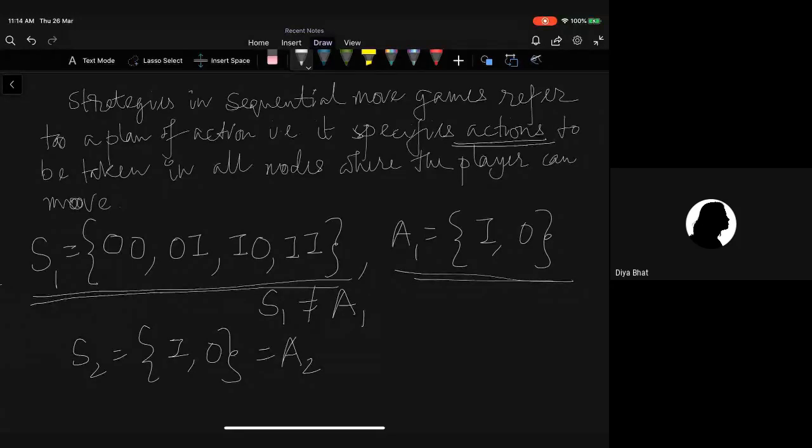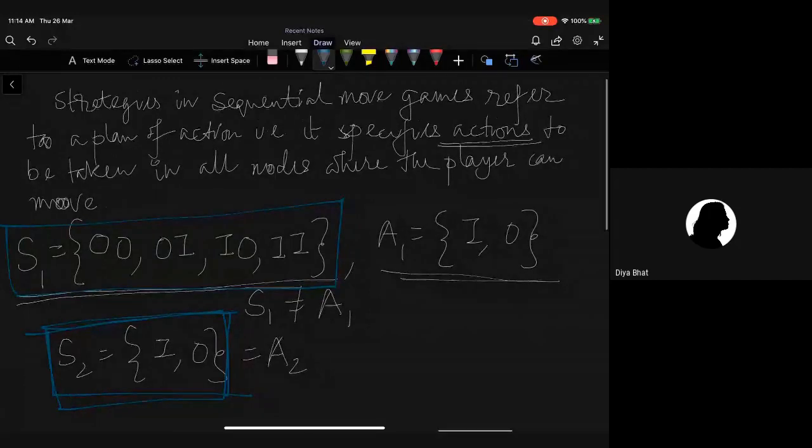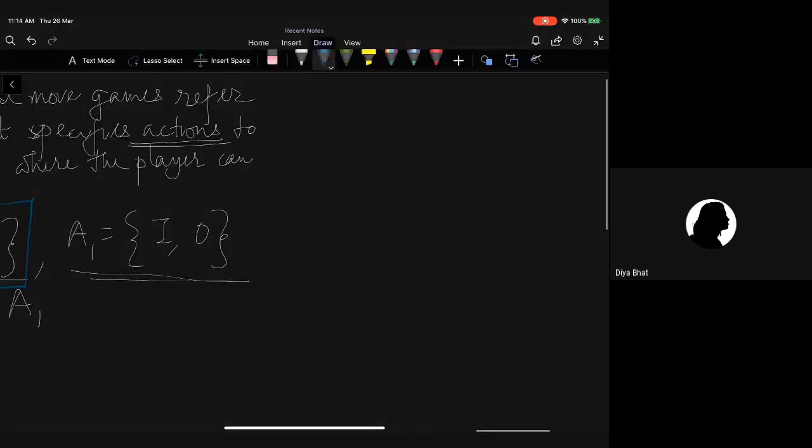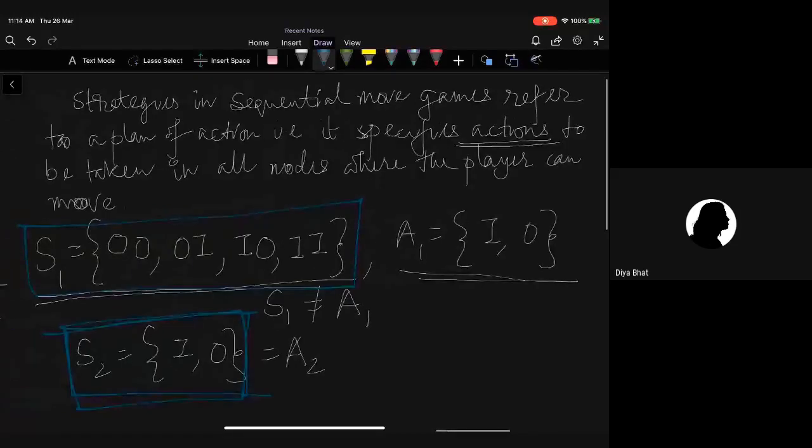Now, given that we have the set of strategies for both players, we can actually see what the Nash equilibrium of this game is. Let's write down the game using the normal form expression, because that will be easier for identifying the Nash equilibrium.